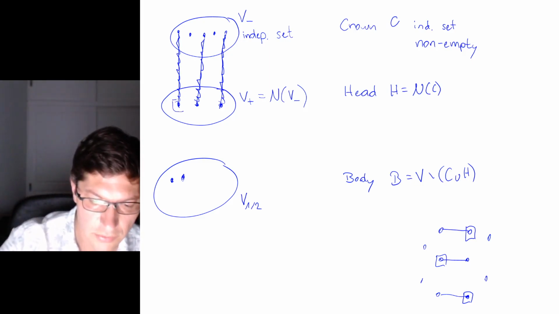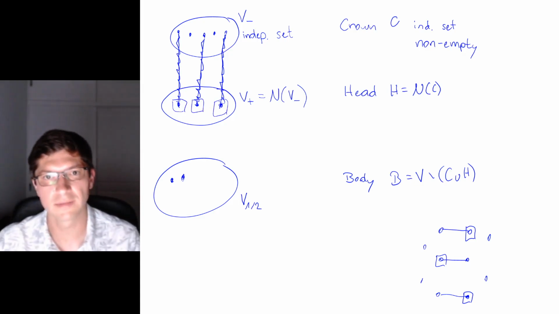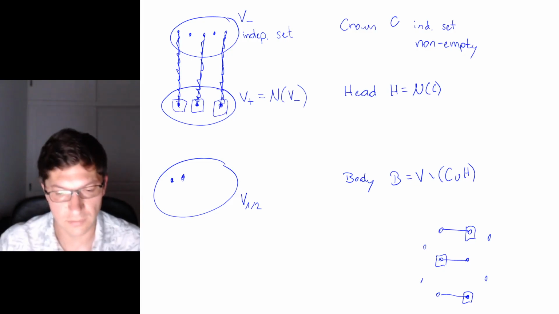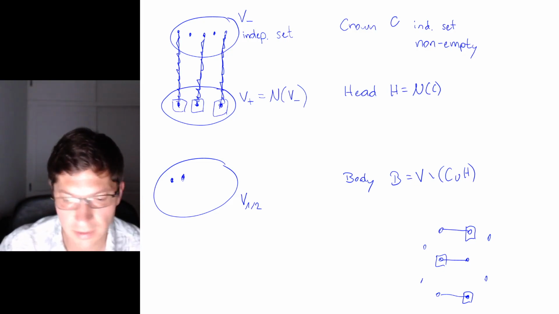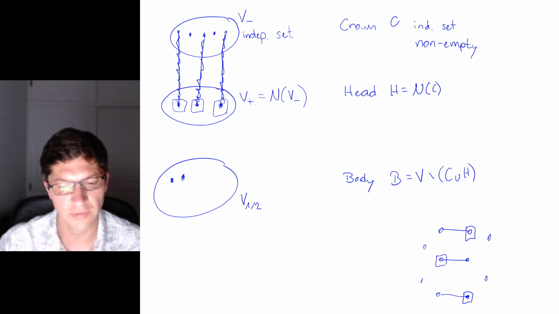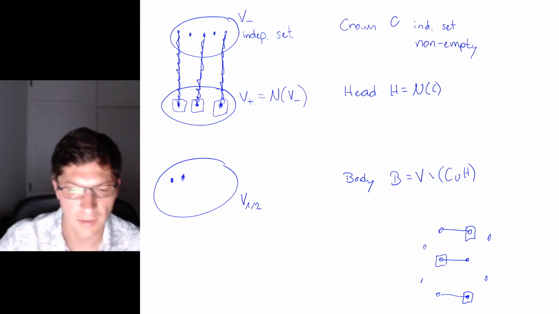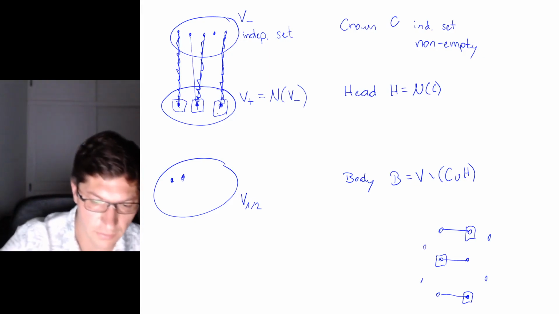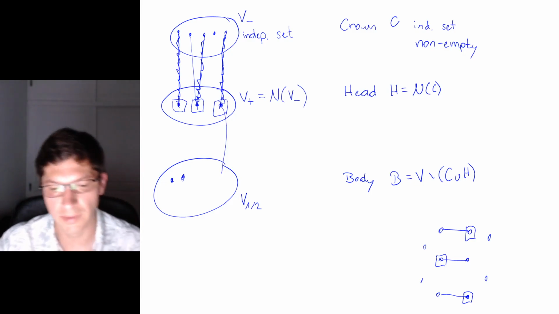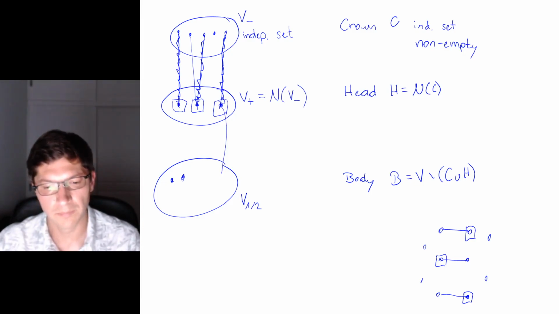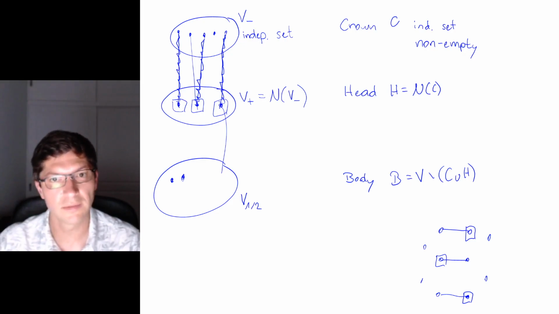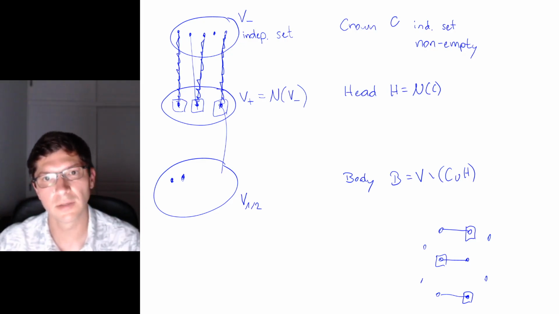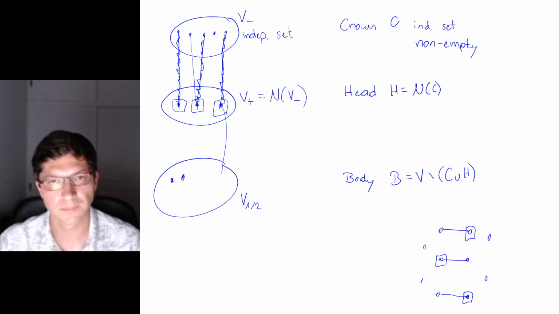But choosing all of the vertex cover inside V+, what does it do? This covers all the edges of the matching and actually all the edges that go from V+ to V-, so even other edges from V+ to V-. It also covers all the edges that go from V+ to V1/2. There's no edges inside V-. So actually we cover all the edges that are not inside the body.